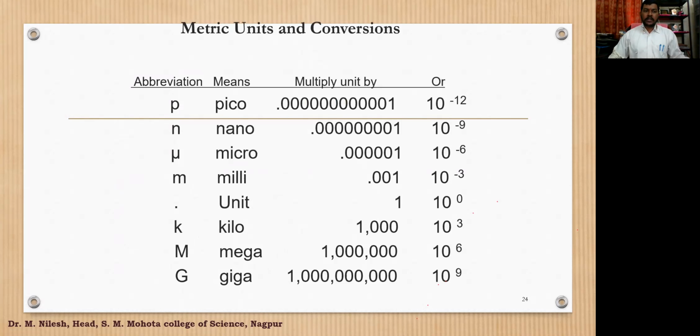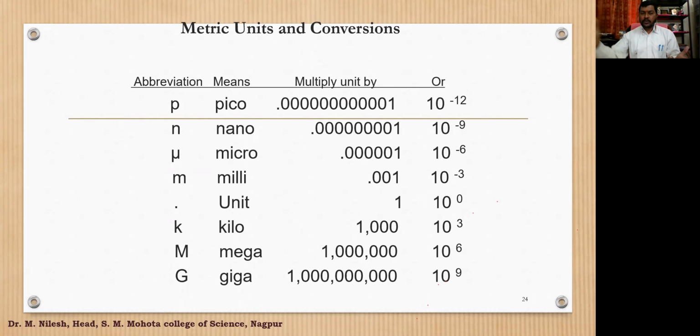So metric units and conversion. I hope this is the most important part of any unit system. Some of them you might be using, right? So that you are using is milli, that is m. So milli means 10 raised to power minus 3, right? You use it like millimeter, milliliter, and say milli-degrees.